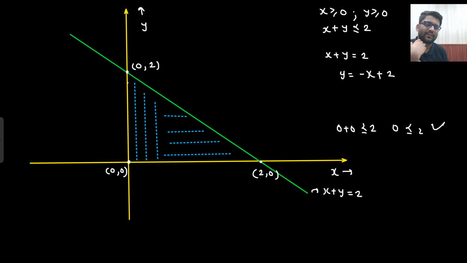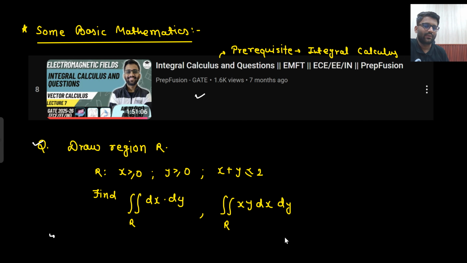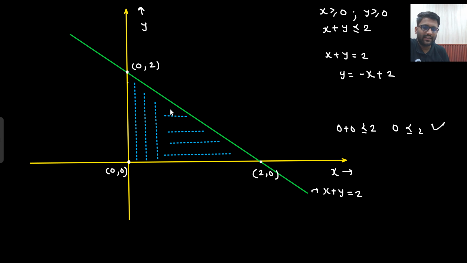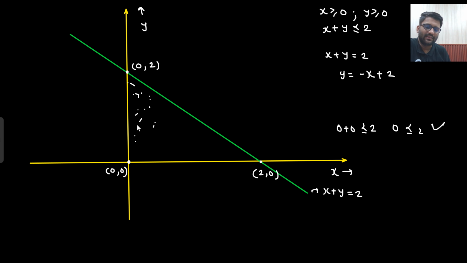X greater than 0, y greater than 0, x plus y less than equals to 2. Say yes or no. Let me show this region by dots. This is the particular region that I have drawn. This is our matter of concern.